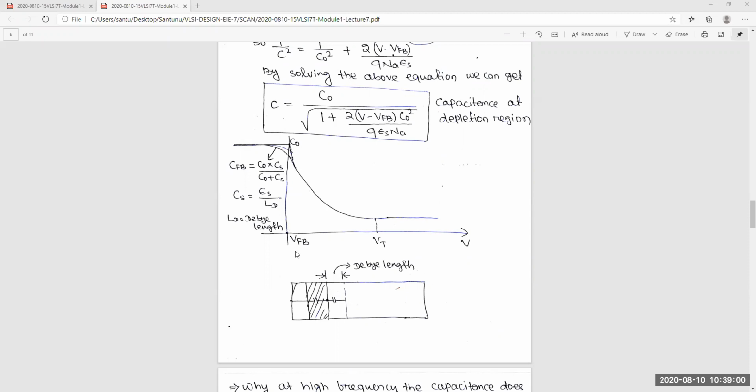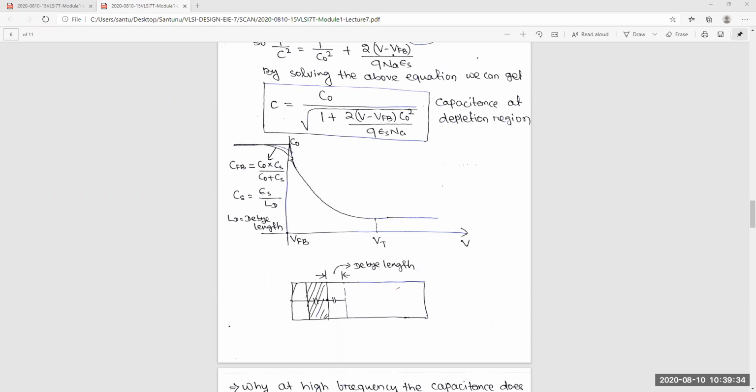Still some charges are there, which we are not considering. So due to that, at flat band voltage it is not exactly C0; it decreases somewhat before the flat band voltage. Practically you can say the flat band voltage is here. Instead of C0, the capacitance decreases somehow.